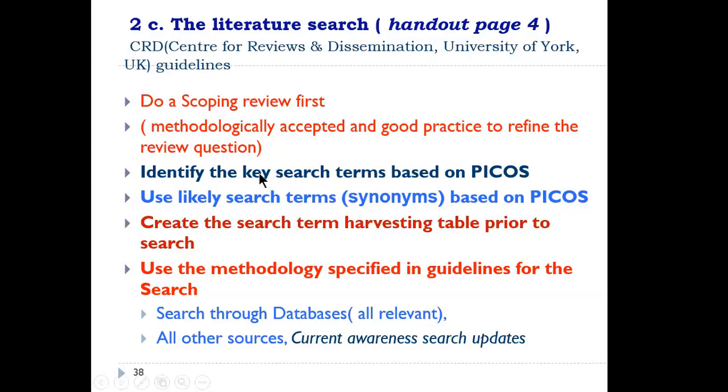When you have identified the key search terms, then you find the likely search terms, the synonyms to those terms. First you find the key search terms, then the synonyms and also some related terms, all based on PICO. All those words you'll have to use for the search. Again, the search is done according to a methodology.